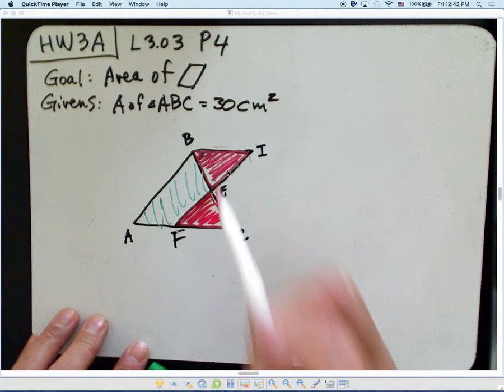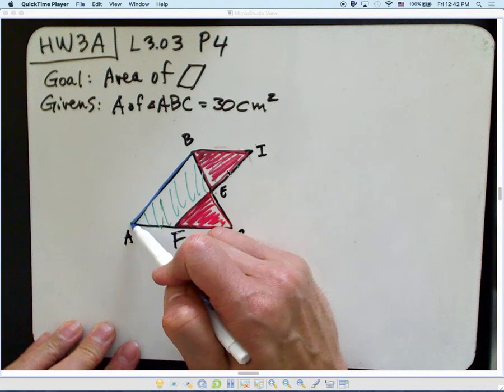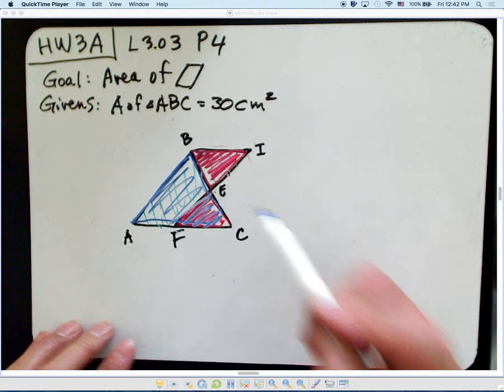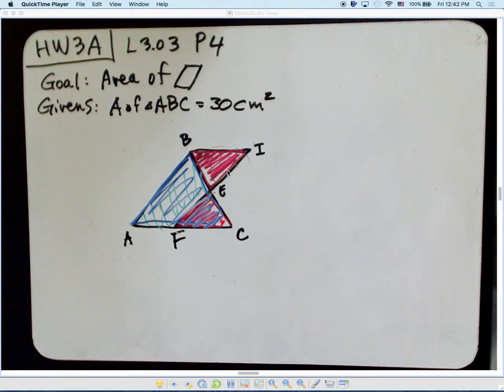How do you compare that? Is either triangle bigger or smaller or pretty much the same? But at the same time, we know that the area of triangle ABC is 30 square centimeters. So those are the hints to do this problem.